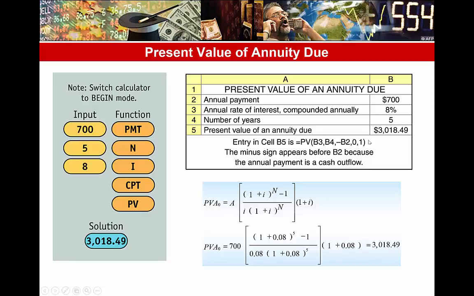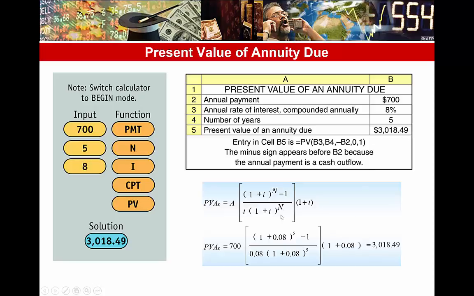When we use Excel, we use the same set of arguments. B3 is the rate, B4 is the number of years, minus B2 is the payment. Present value is entered as 0, and type of annuity in this case is due, therefore we change the last argument to 1 from 0, and that produces $3,018.49.